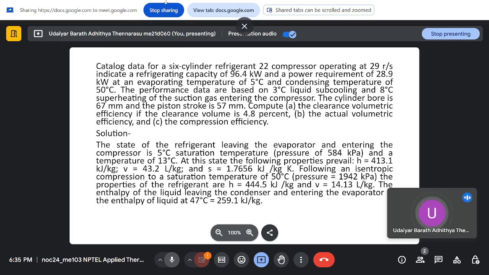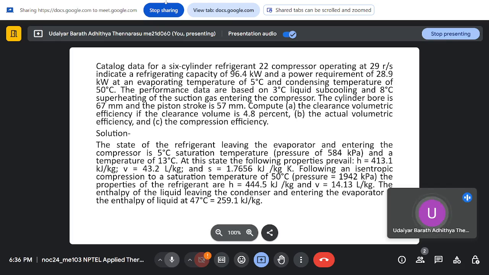So with that, the next question is: catalog data for a 6-cylinder refrigerant R22 compressor operating at 29 revolutions per second indicate a refrigerating capacity of 96.4 kilowatt and a power requirement of 28.9 kilowatt at an evaporating temperature of 5 degrees Celsius and condensing temperature of 50 degrees Celsius.